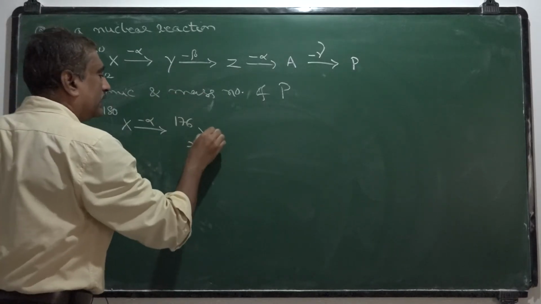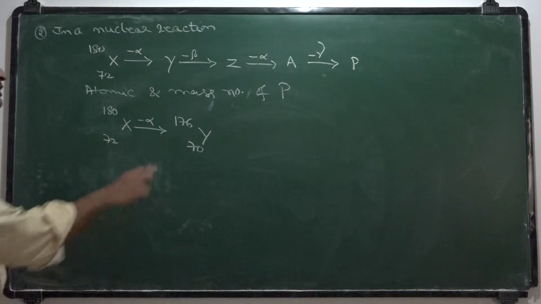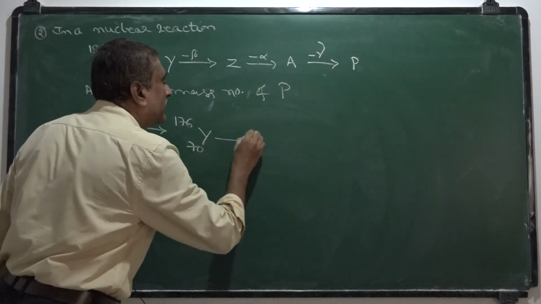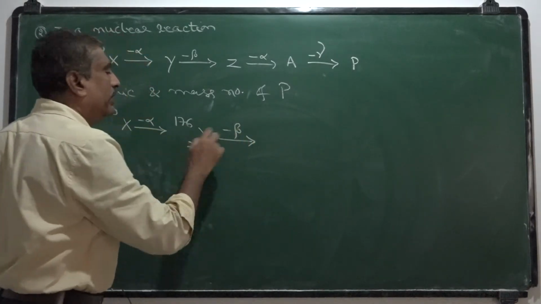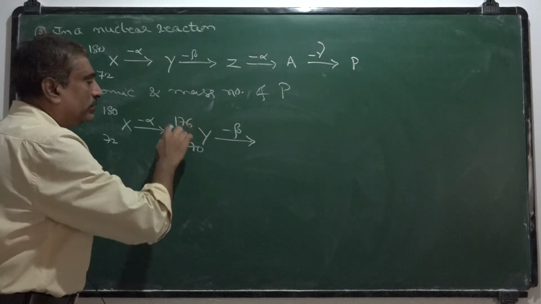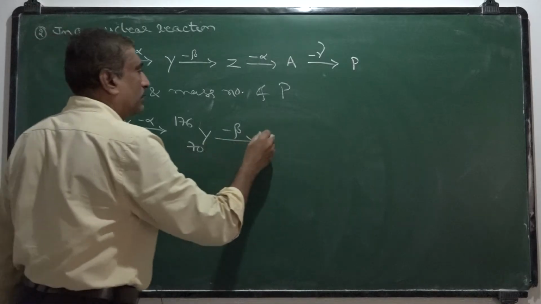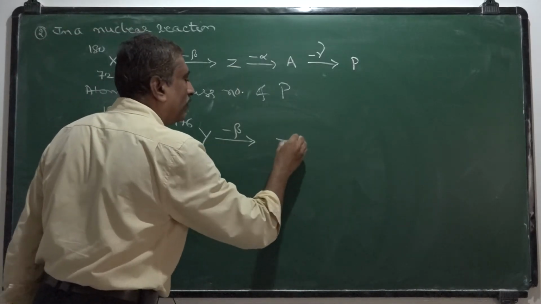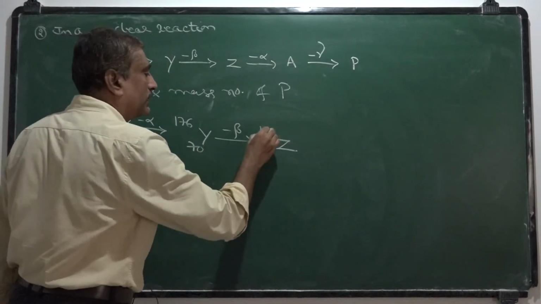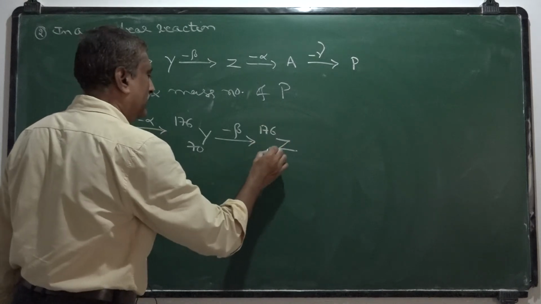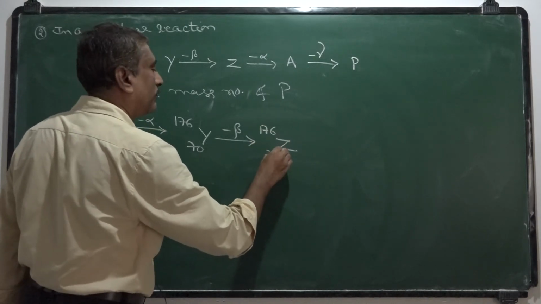So we get Y as 176 and 70. Now from this, minus beta, a beta decay. For beta decay there is no change in mass number, but atomic number increases by 1 unit. So for Z we write 176 and 71.